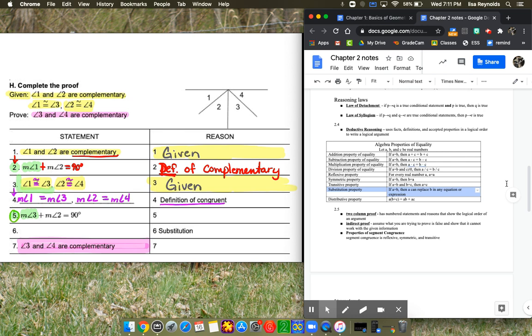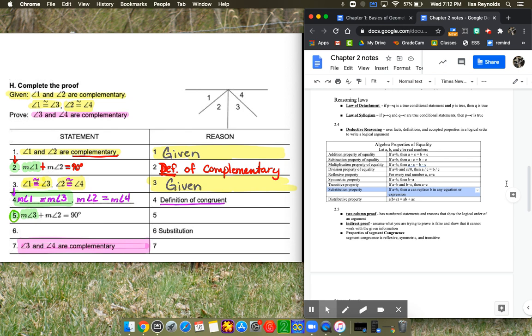And we can do that, because of my equal statement. So I can actually replace my measure of angle 1 with 3 because they are equal to each other.